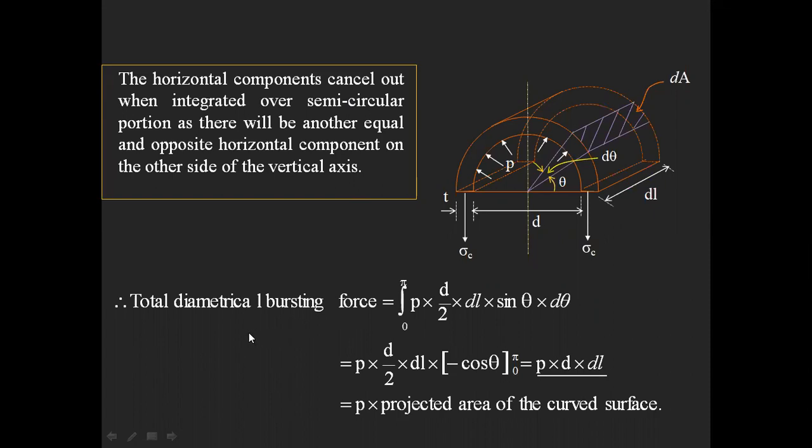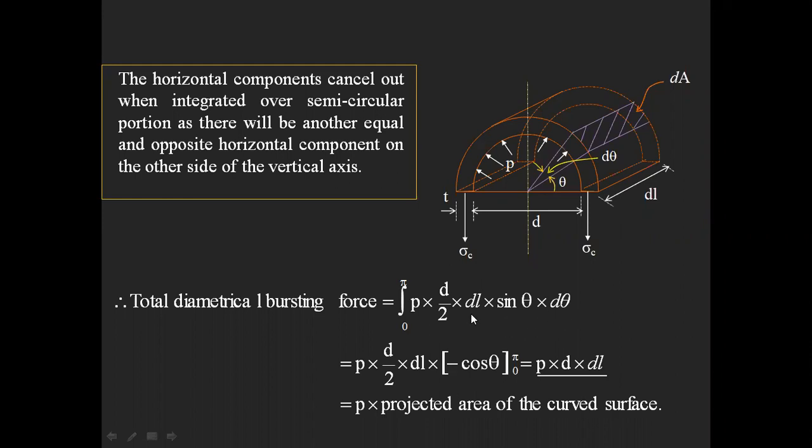Let us take the total bursting force. For the overall section we have to do the integration: integrate the elemental vertical force from 0 to pi, P into d by 2 into dl into sin theta into d theta.